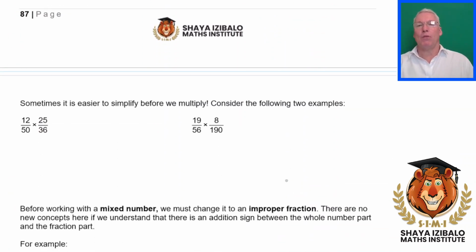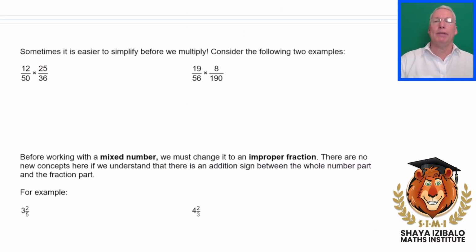Okay, so what's interesting now is that sometimes it makes sense to try and simplify a bit before we multiply, right? So 12 times 25, that's not going to be all that easy to work out necessarily. But you might say, I can see something here.